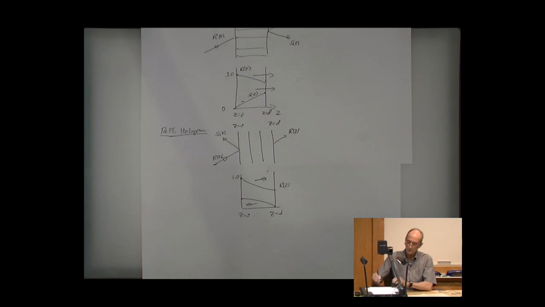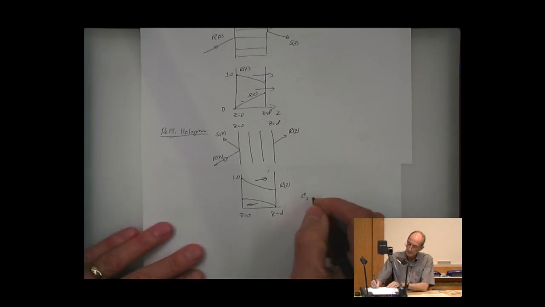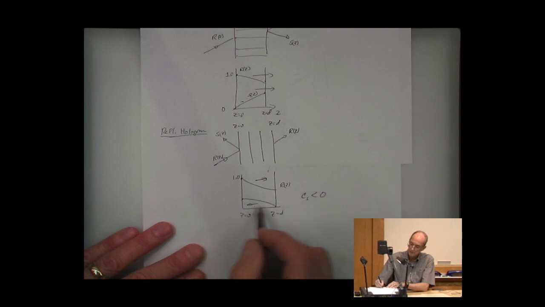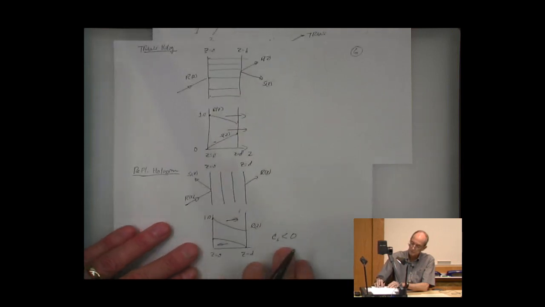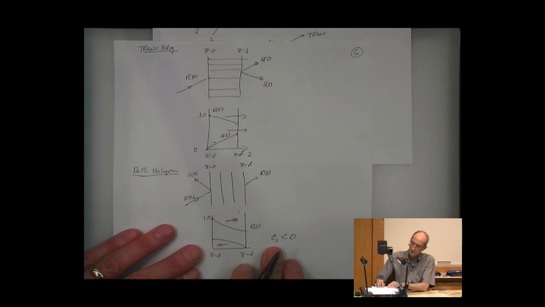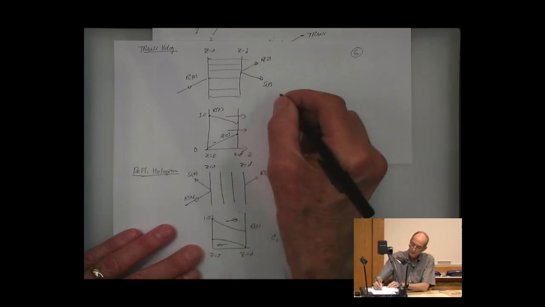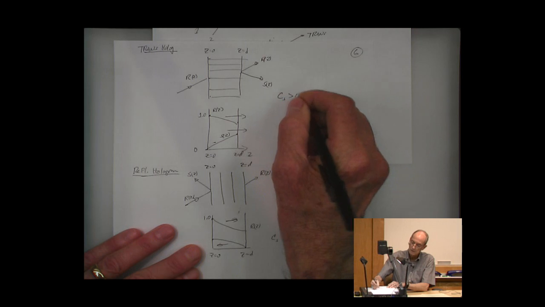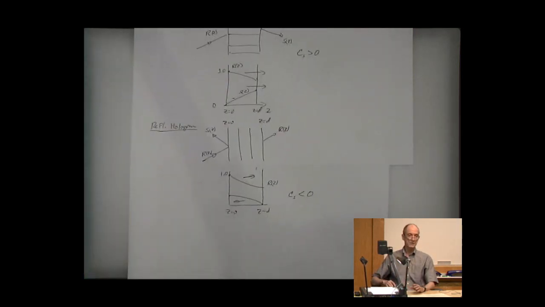Okay, so here we have this c sub s for the signal wave. This is a negative direction, so we end up with this cosine angle being negative, and here we have that c sub s is positive. So that's a kind of a difference between these two boundary conditions that we have.